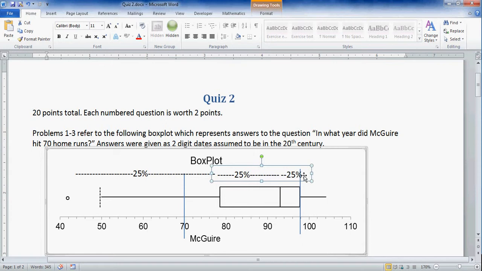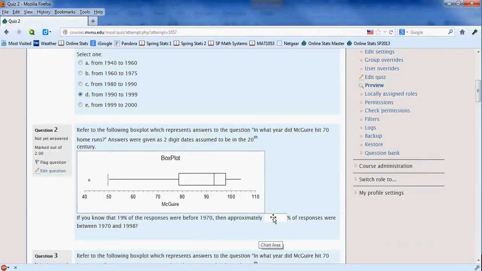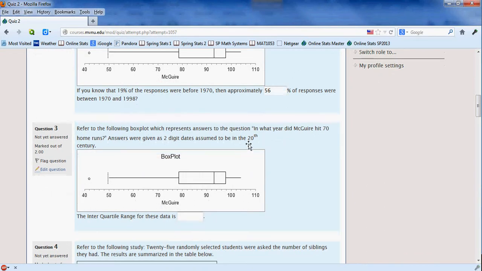Let's see, good enough. Okay, so here's 25%, here's 25%, and we know that this is 6% right here. So let's add it up. Between 1970 and 1998, there's 6% plus 25% plus 25%, which is 56% of the data. So put 56 there.